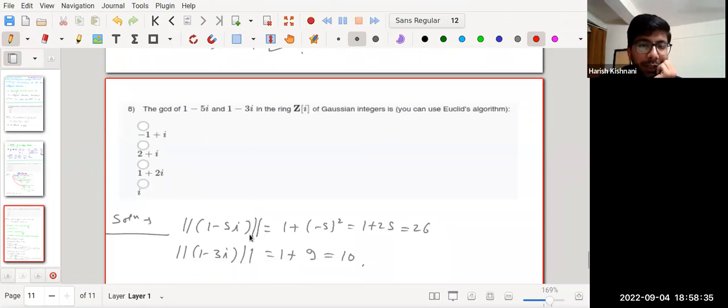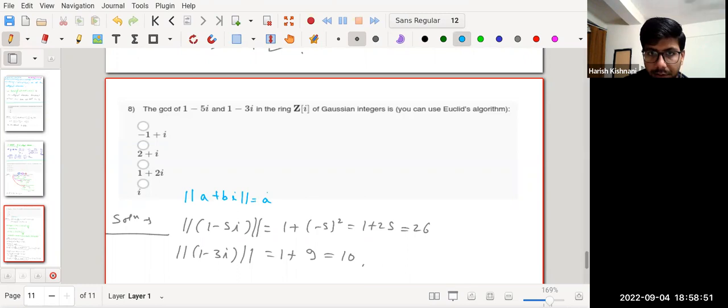I hope you know what the norm of a Gaussian integer is. If you don't, the norm of a plus bi is just a^2 plus b^2.